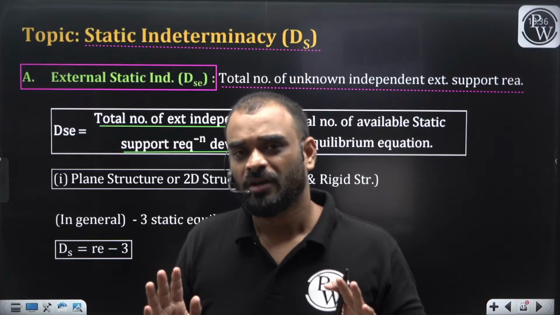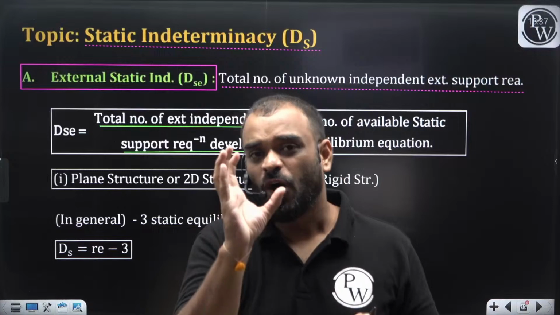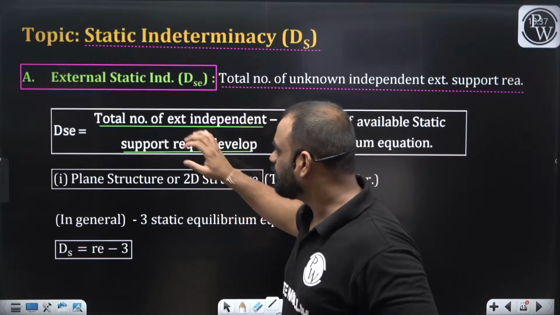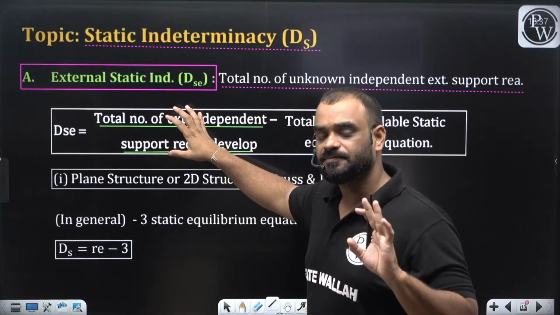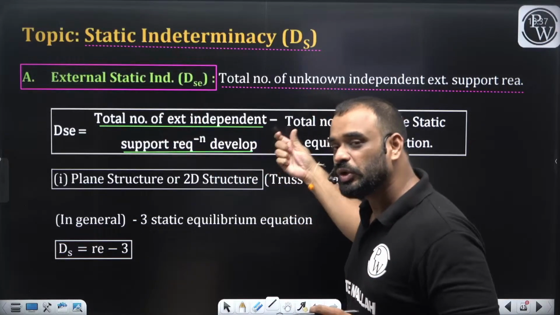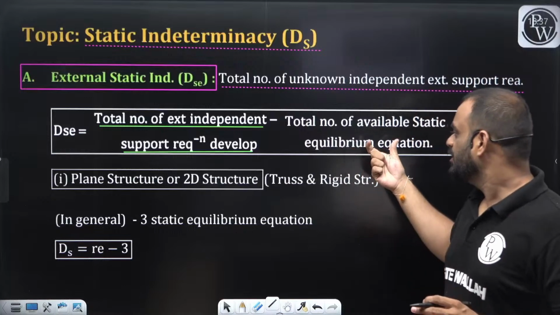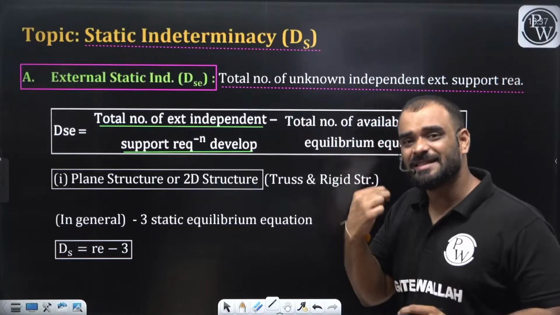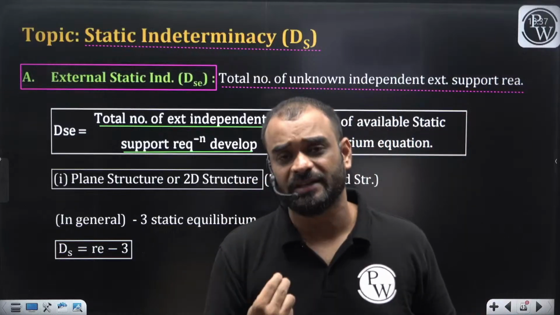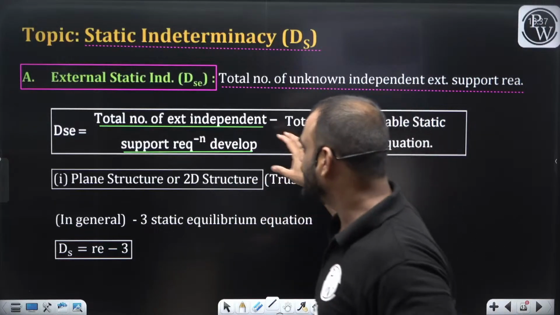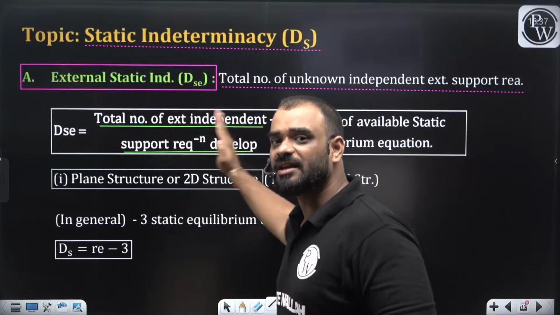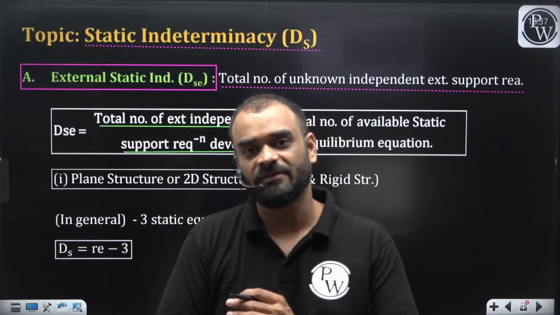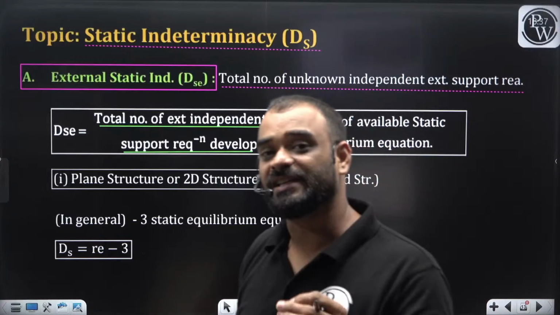First we need to calculate how many external support reactions are developed in that structure due to the given loading, then minus the total number of available static equilibrium equations, so that we can find these reactions. Whatever remaining value is there, that is basically DSE.